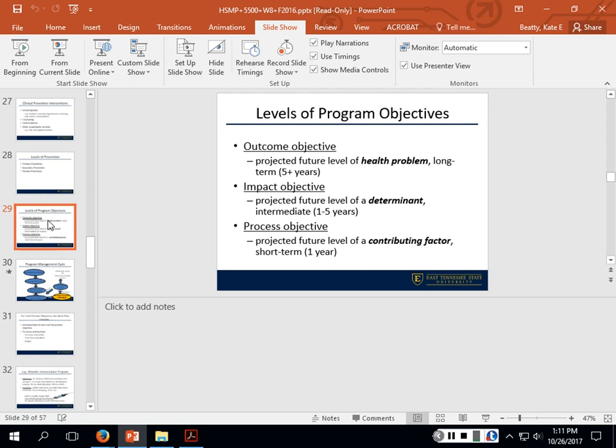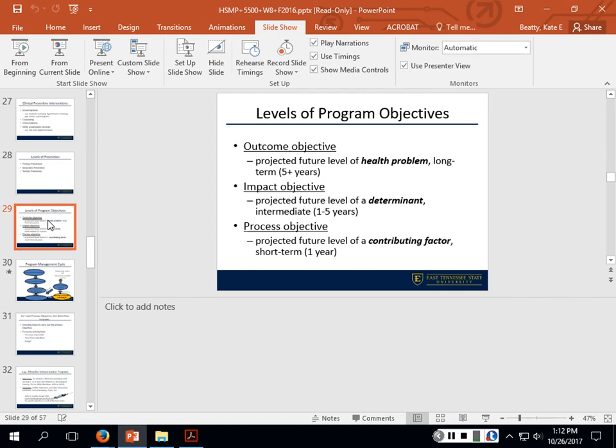Our short-term objectives that address the future level of the contributing factors, our intermediate objectives that address the future level of the determinants of the health problem, and our long-term objectives that address the future level of the health problem itself.